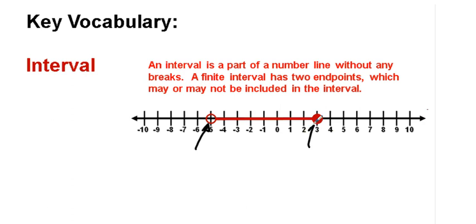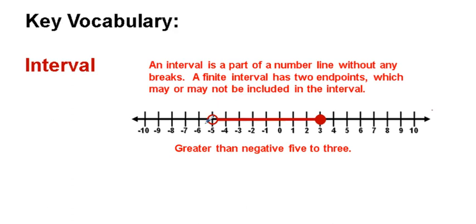These would be called our endpoints. -5 is not included in the interval, and this one here, 3, is included. That is a finite interval. So verbally we'd say greater than -5 to 3.